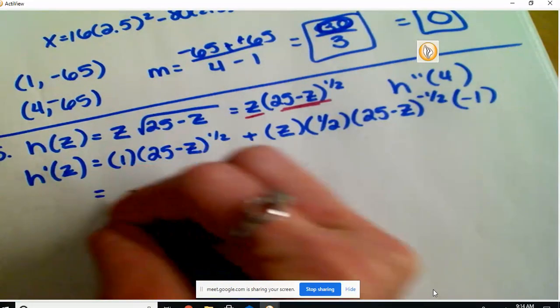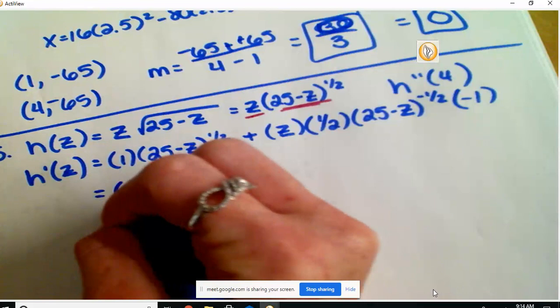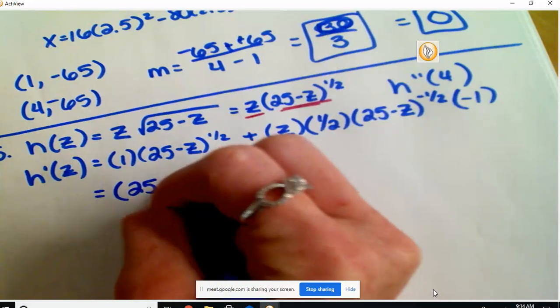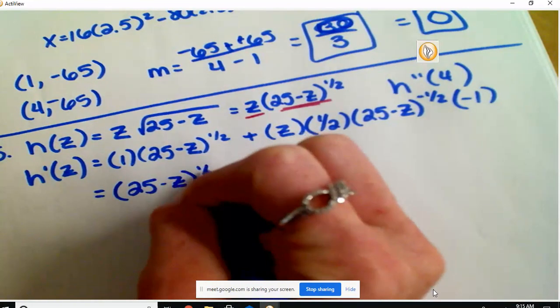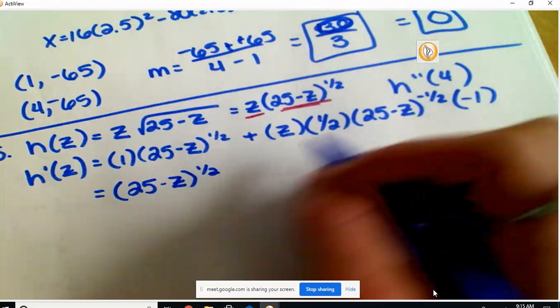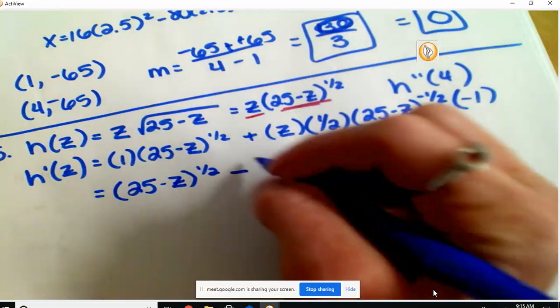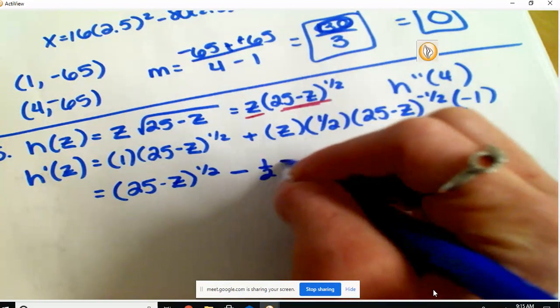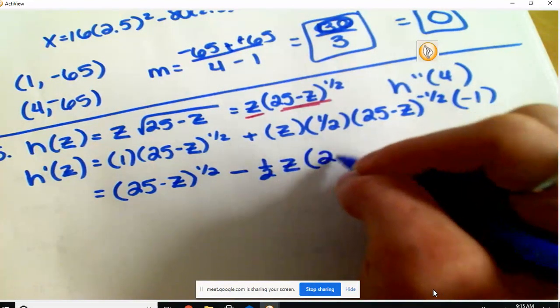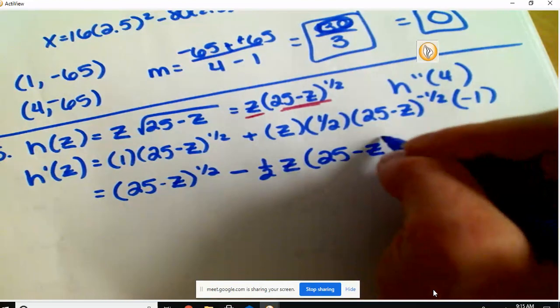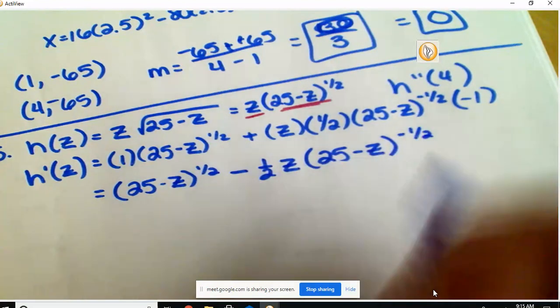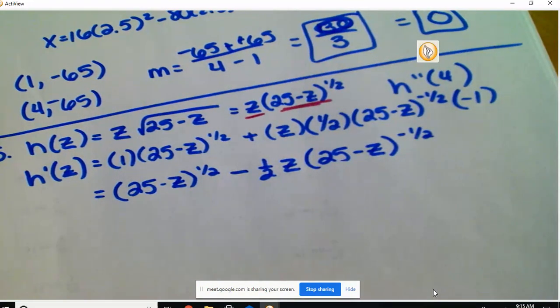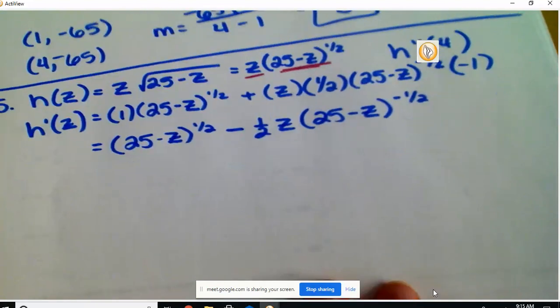Okay, if I clean that up, we get 25 minus z to the 1/2. This would be a negative 1/2 z times 25 minus z to the negative 1/2. So that's our first derivative.